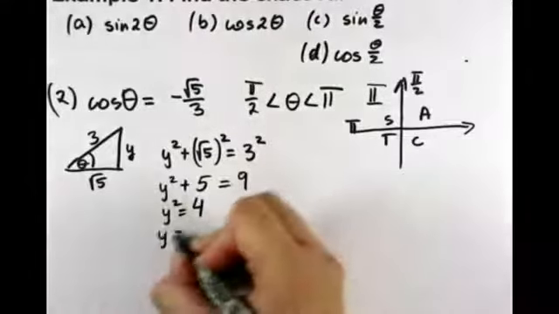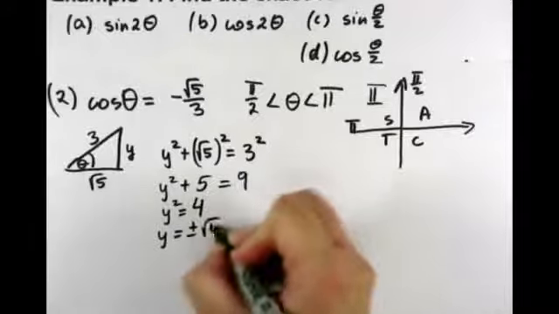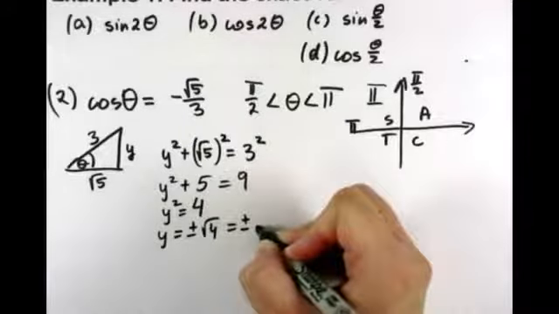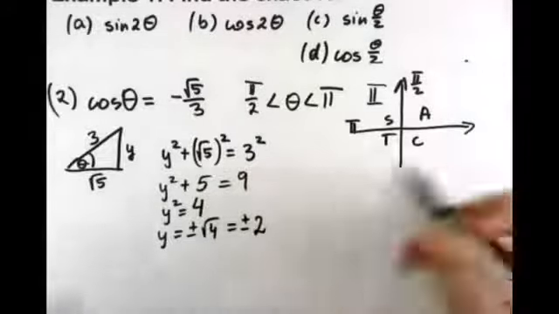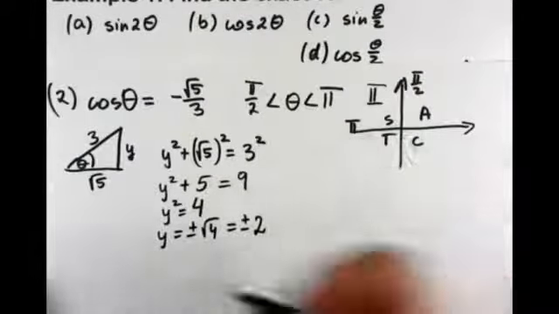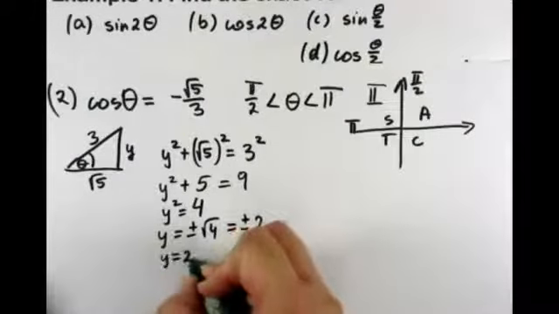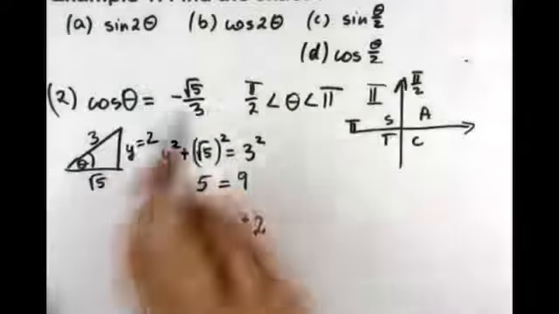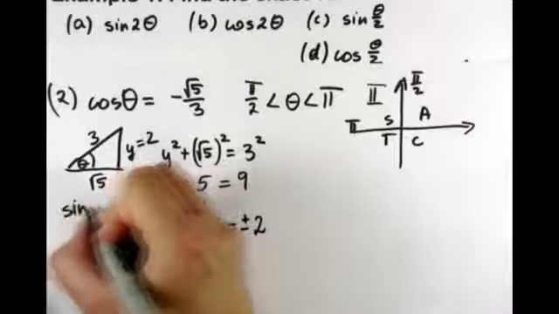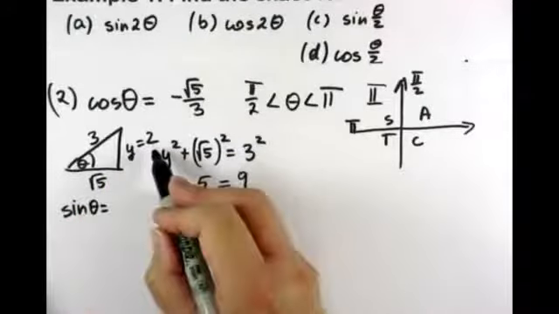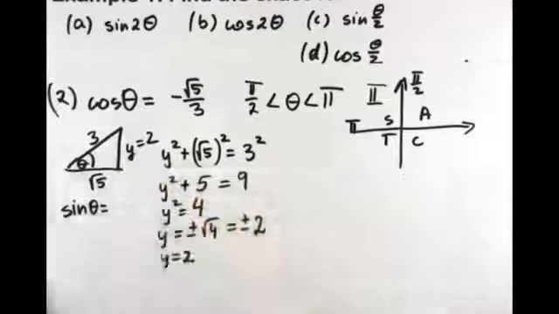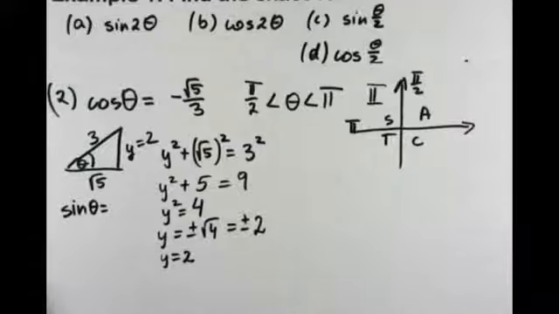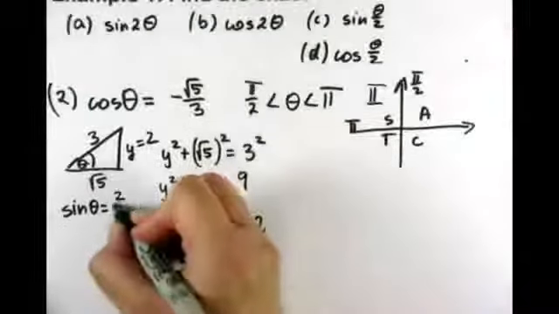So y is equal to plus or minus square root of 4, which is plus or minus 2. We will choose plus because sine is positive, so y is 2. So now cos we have the value, and sine theta is opposite over hypotenuse, so in that case it's going to be 2 over 3.